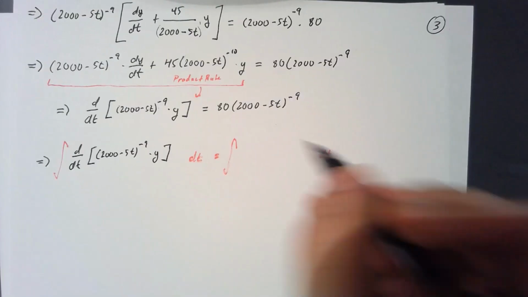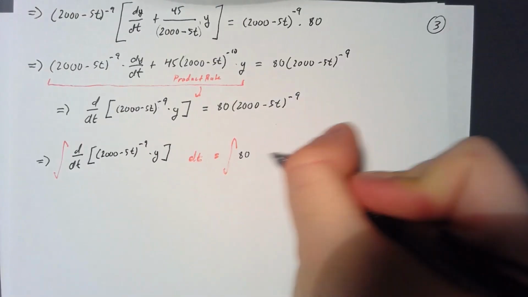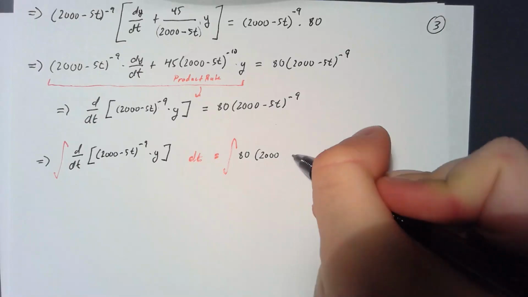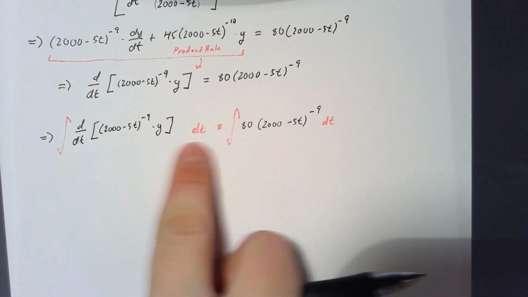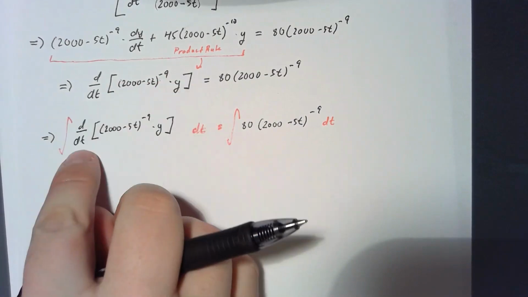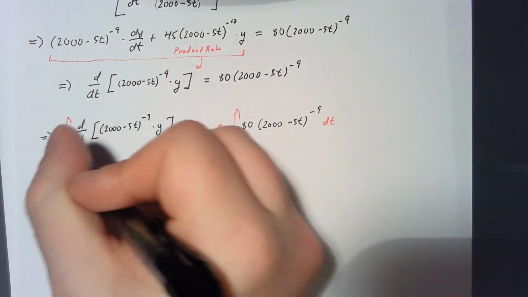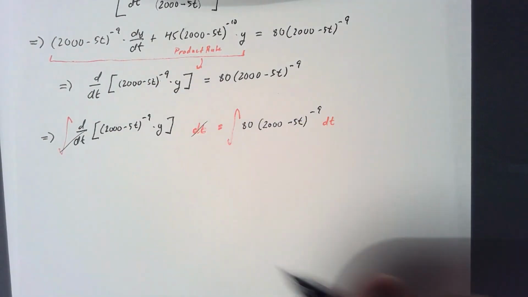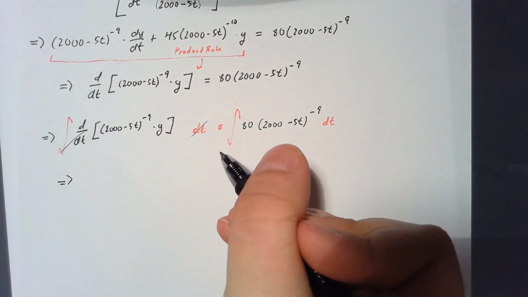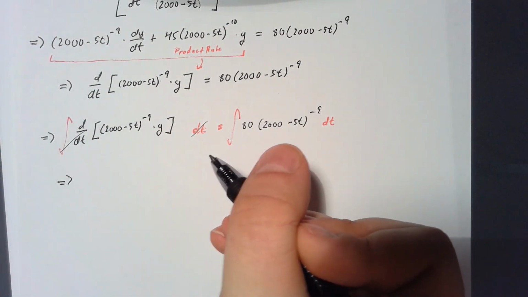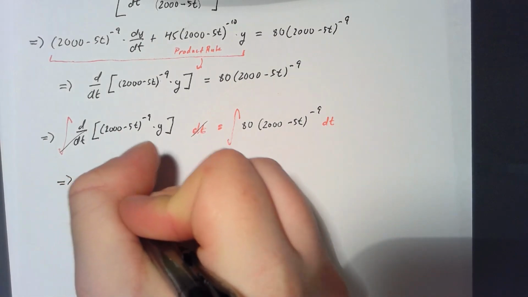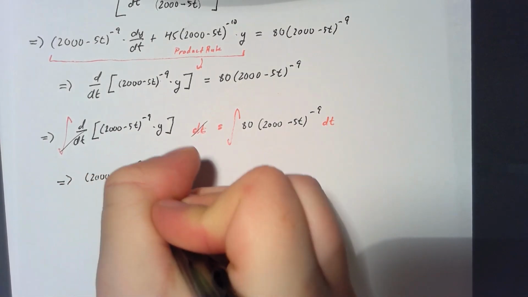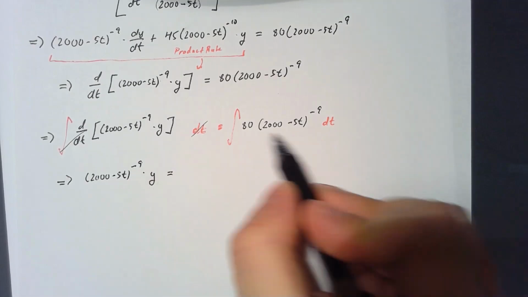Since I have a product rule, the integral of this product and the derivative are going to cancel out. So that's the magic of using an integrating factor for these things. It's beautiful. So I have this times this, and that equals the integral of this.